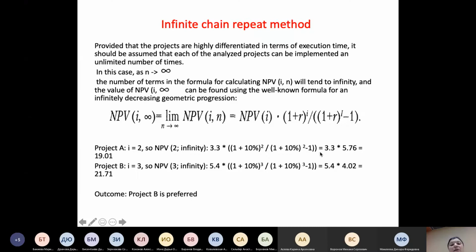It's our well-known formula of an infinitely decreasing geometric progression.